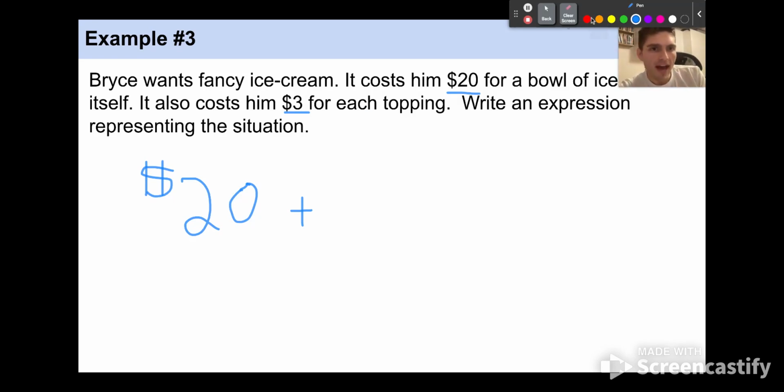We know that he's paying the $3 for each topping. So you can just make up for yourself a variable to represent the topping. I typically go with T, but T's look like plus signs. So I'm going to go with X, the classic. So X equals toppings.